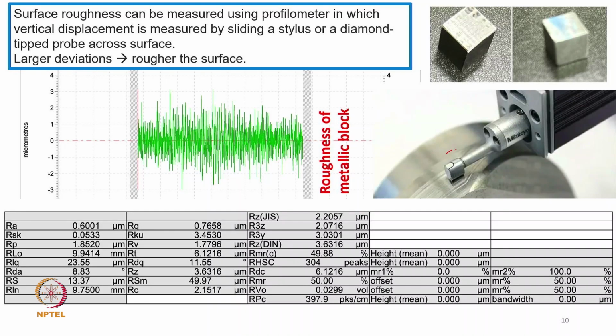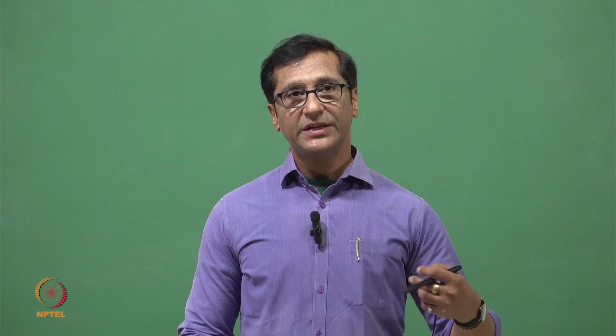This is a very simple figure. We are showing a stylus kind of profilometer, and as it says, the surface roughness can be measured using the profilometer, in which vertical displacement is measured by a sliding stylus, which can be a diamond tip probe, because diamond is very hard and will not break so easily.